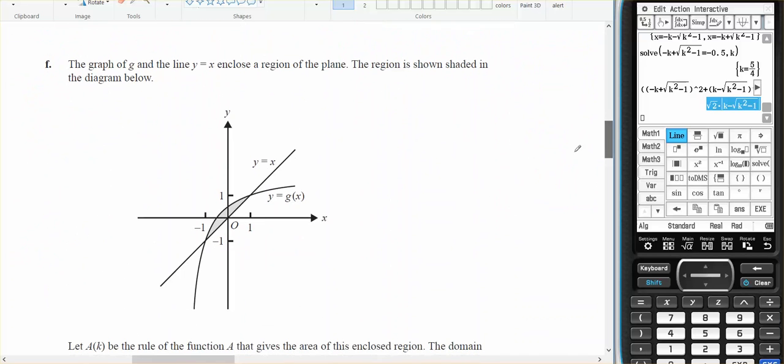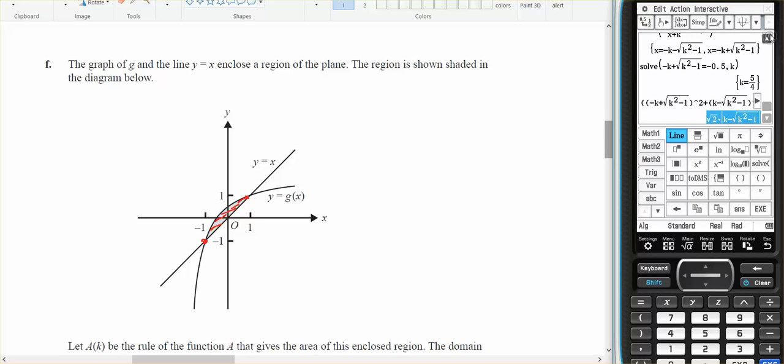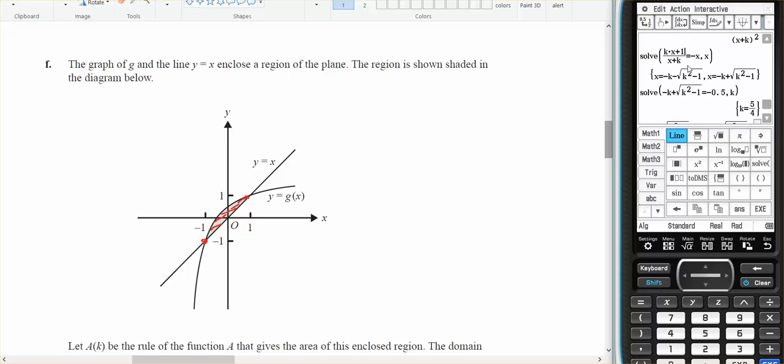The graph of g and the line y equals x encloses the region in the plane, the region shaded in the diagram below. So I know that this intersection point should be 1, 1 and negative 1, 1, but I'll just confirm that by making that equal x and solving it, taking it into a new line down the bottom.